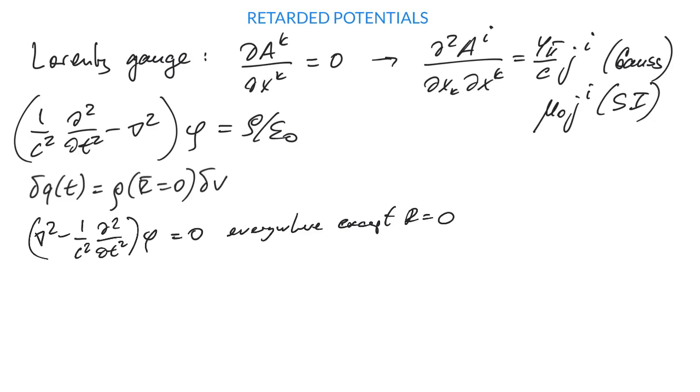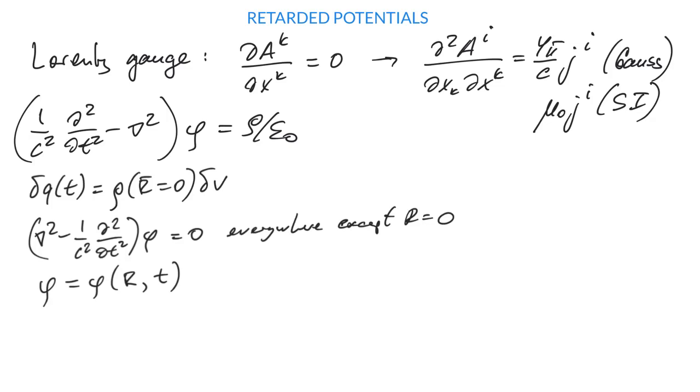By symmetry, it is quite obvious that phi should be a function only of the distance from the charge and of time. It cannot depend on the angles because of the rotational symmetry of the problem. We have a point charge at the origin. The potential has to be spherically symmetric.